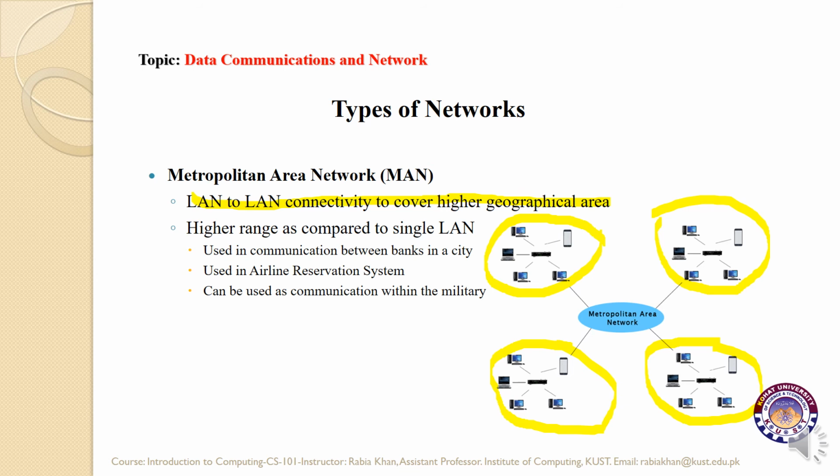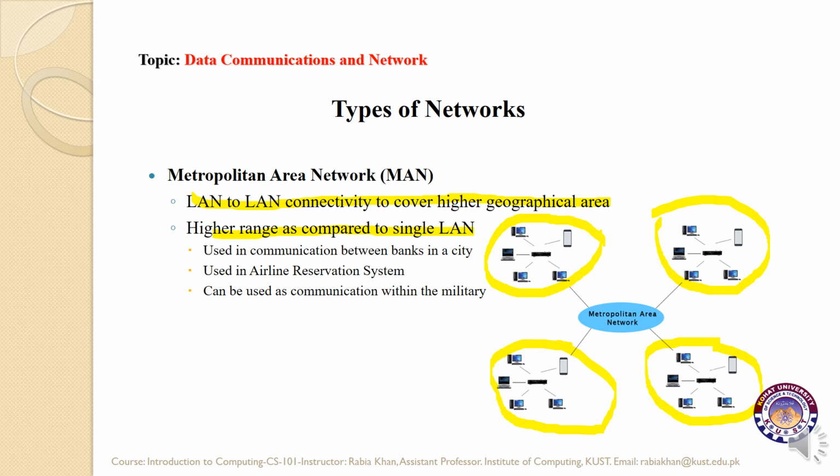In a Metropolitan Area Network, various LANs are connected to each other through the telephone exchange line and it has a higher range as compared to a single LAN. So a local area network was smaller in its size. A metropolitan area is higher in size, and they are mainly connected through telephone exchange lines and maybe now unwired media for communication or connection.